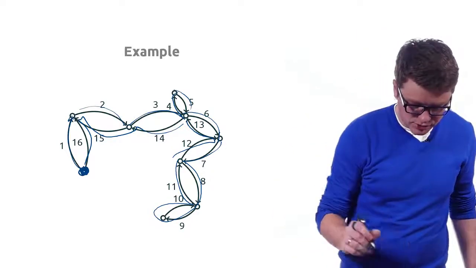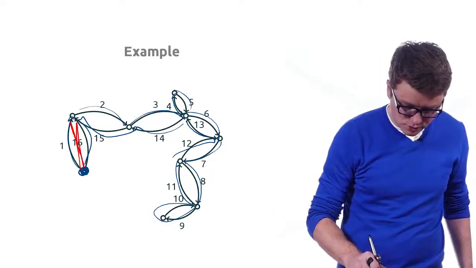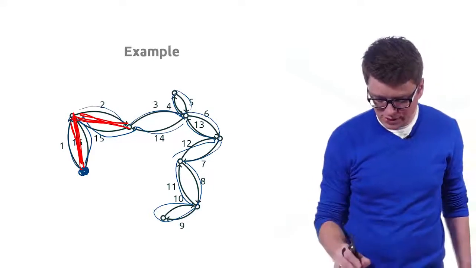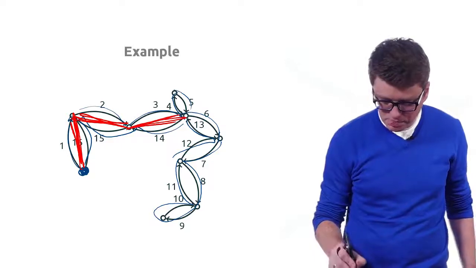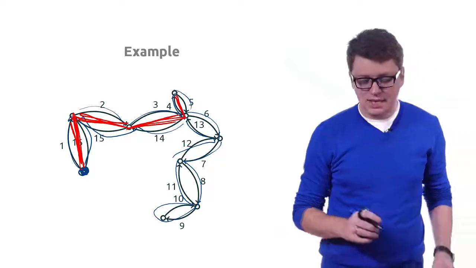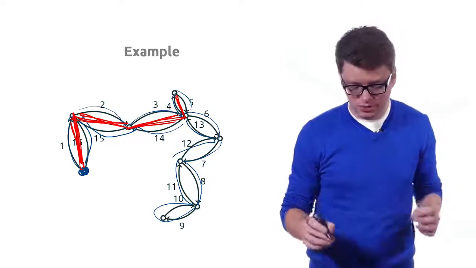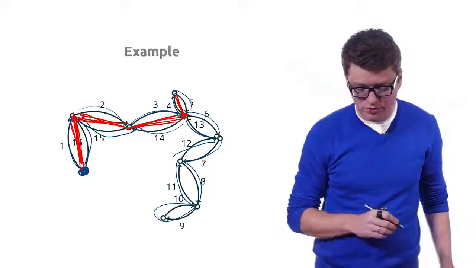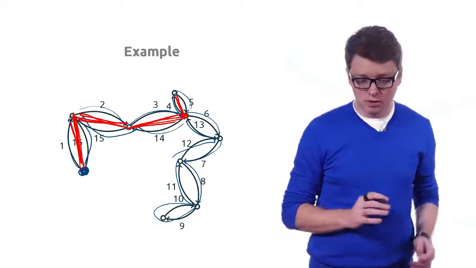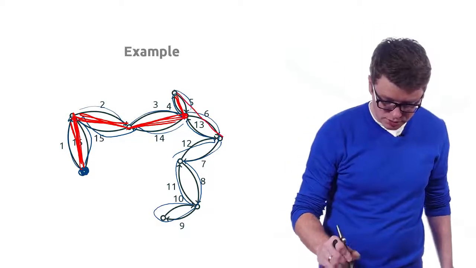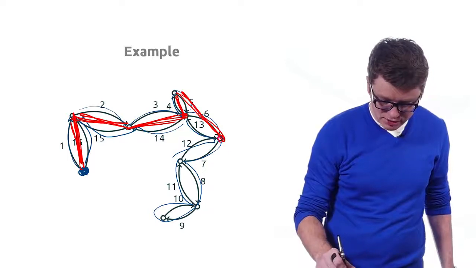Let me use a different color for them. So we first go to this node, then we go to this node, following our Eulerian cycle, then we go to this node, then we go to this node. Then our Eulerian cycle, using the edge number 5, returns to this node that we already visited. So in order to bypass this, we do not return here, but we go to the next vertex.